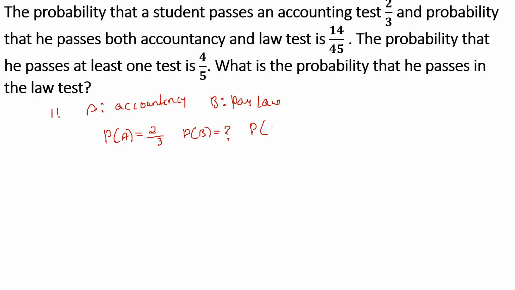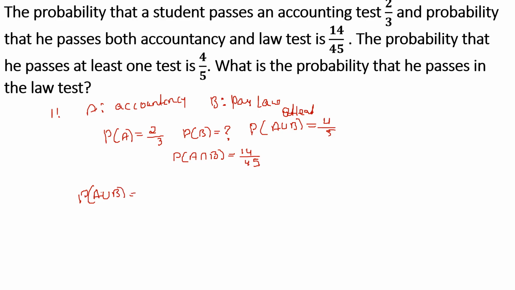The probability that he will pass at least one test, A union B, is given as 4 by 5, and the probability that he will pass both accountancy and law tests, A intersection B, is 14 by 45. So now we have this addition rule of probability.